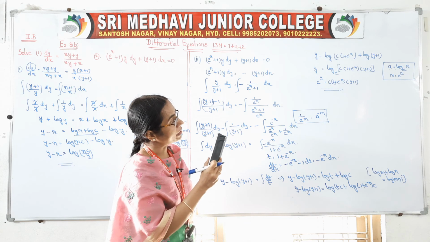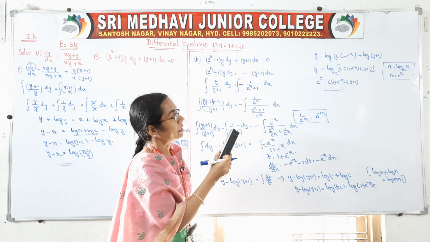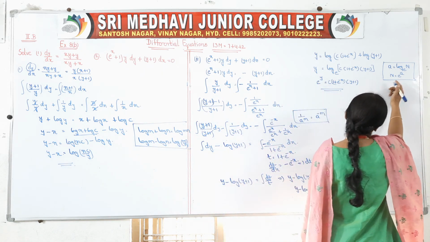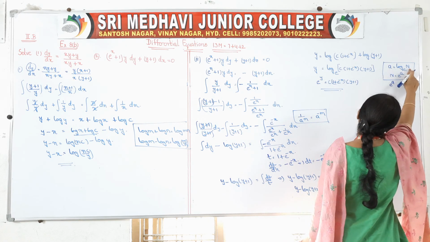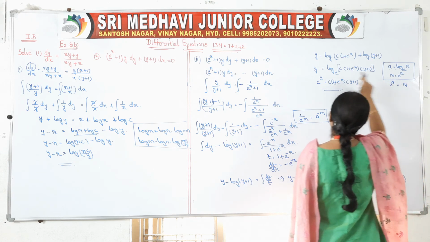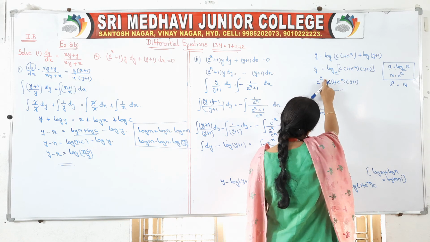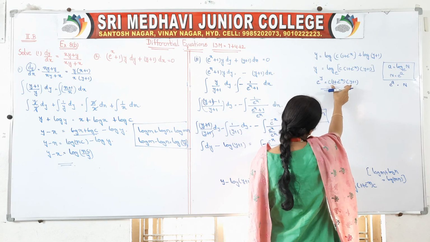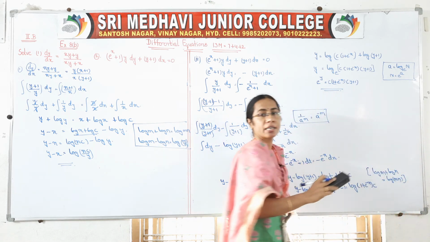Again one more formula is there: if a is equal to log n base e, then we can write this as e to the power of a is equal to n. So exactly in that form, e to the power of a, with y in the place of a, is equal to n. Okay, so we applied that logarithmic formula here.